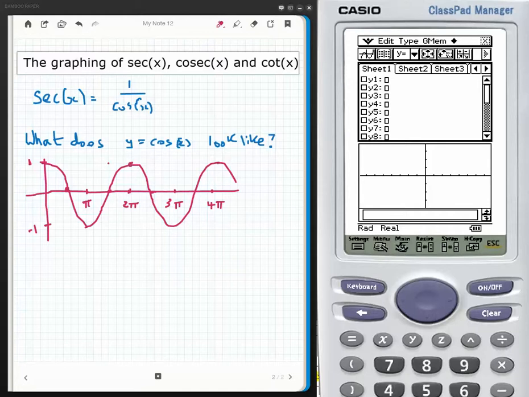The y coordinate there is 1, and the y coordinate there is 1, and the y coordinate here is -1, and the y coordinate here is -1. And at these points here, the y coordinate is 0.